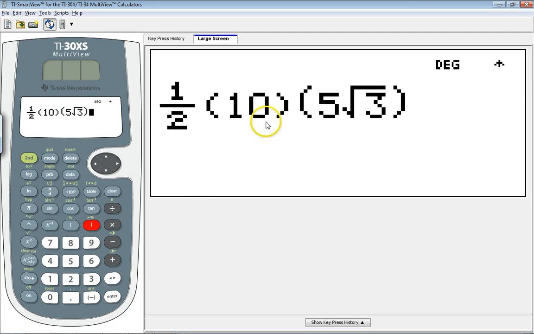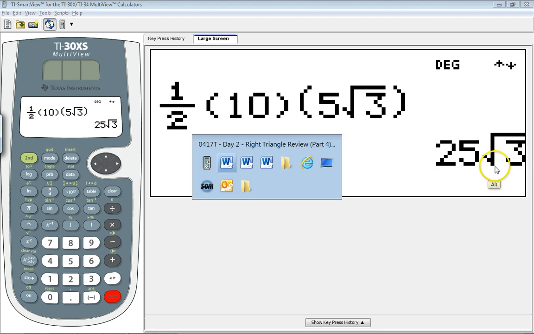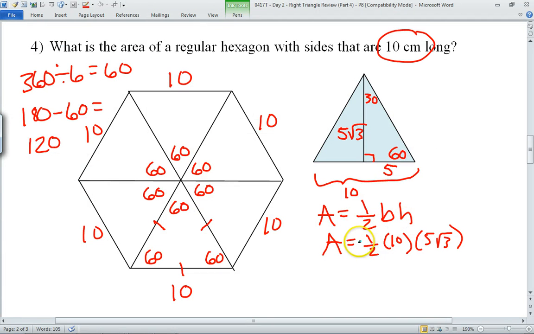You could just type that whole thing into your calculator. 1/2 times 10 times 5 radical 3. So you get 25 radical 3. Now, 25 radical 3 is the area of one triangle. We have 6 triangles making up this shape.